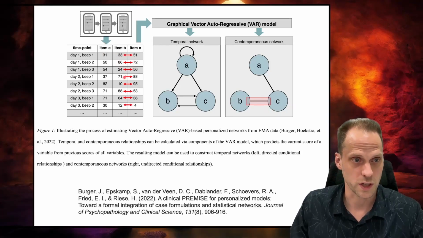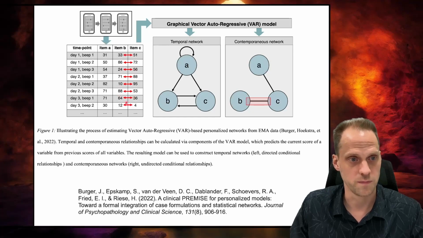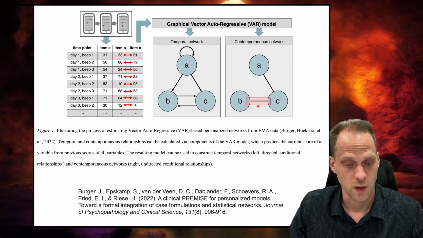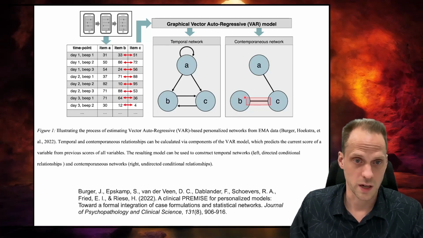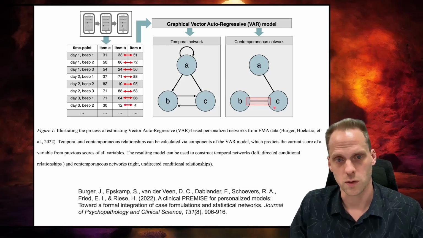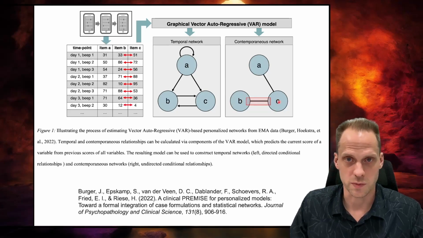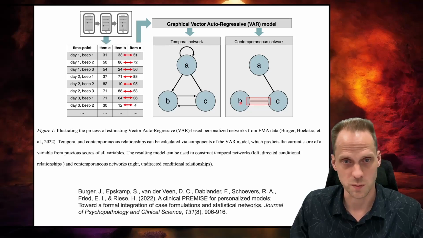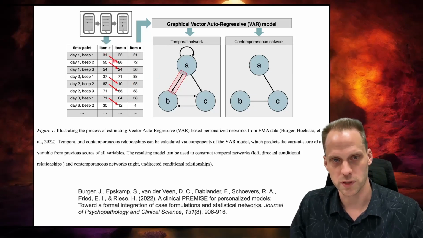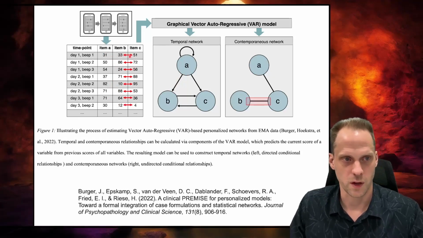Here we don't cross nights, so we can use all observations. So this arrow tells me that if I score higher than my average on variable B at some time point, I tend to score higher than my average on variable C as well, if this is a positive effect. So those are two different things: temporal prediction over time and contemporaneous prediction at the same time.